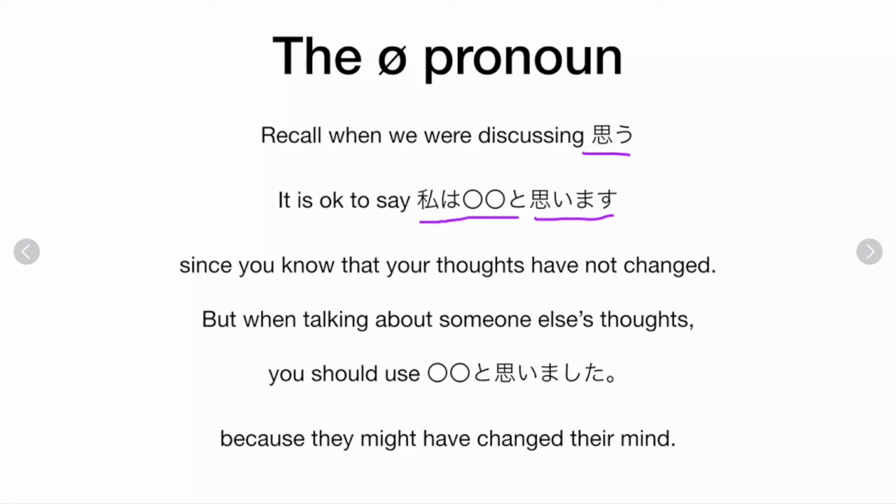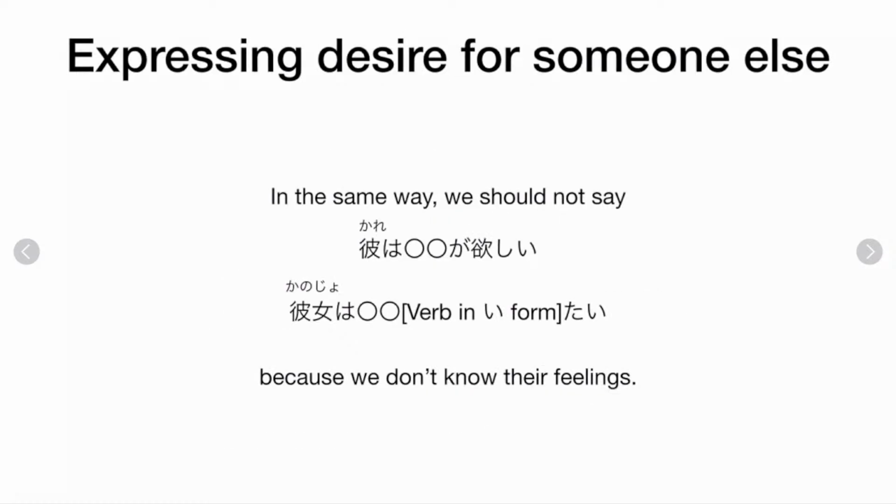So when you relay someone else's thoughts, marumaru to omoimashita, at the time, this is what they were thinking. Similarly, if you want to express someone wants something, you can't say kare wa marumaru ga hoshii or kanojo wa marumaru tabetai, for example. We don't know their current feelings.